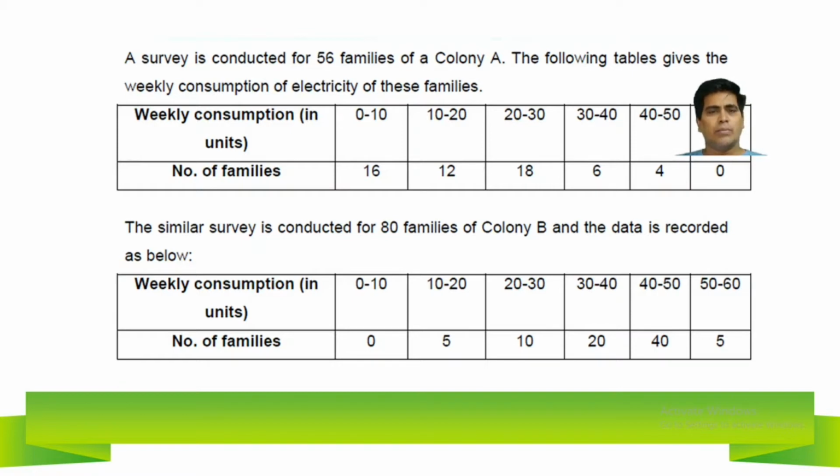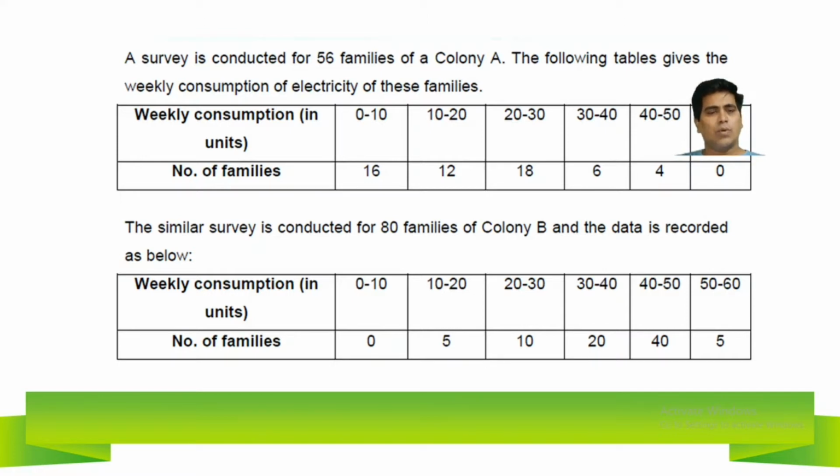This is the table for colony A, weekly consumption in units and number of families. 0 to 10, 16 families; 10 to 20, 12 families; 20 to 30, 18 families; 30 to 40, 6 families; 40 to 50, 4 families; and 50 to 60, 0 families. It means nobody in this colony uses more than 50 units.